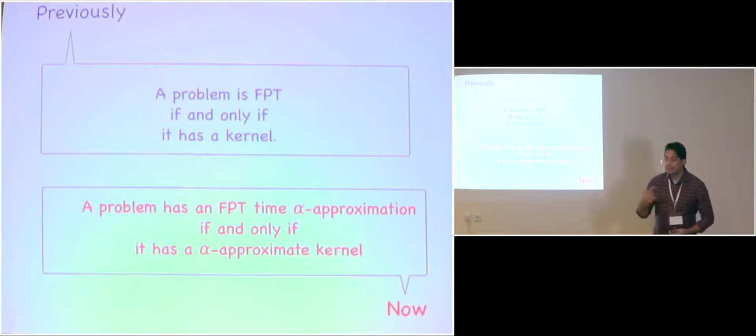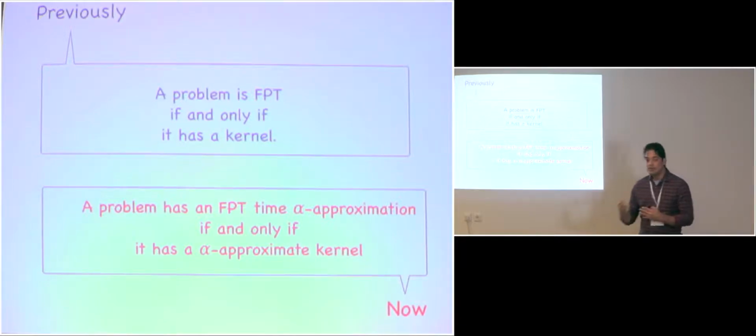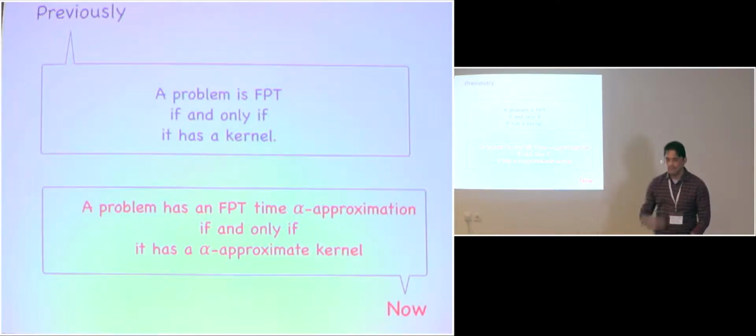And this is something you will see in Daniel's talk on lower bounds in FPT approximation. And when he talks about it, you should quickly turn this sort of an inference into this sort of an inference. So whenever Daniel says this problem does not have an FPT time 2 approximation, then that immediately means that this problem cannot have a 2 approximate kernel of any size. This is just something to keep in mind.